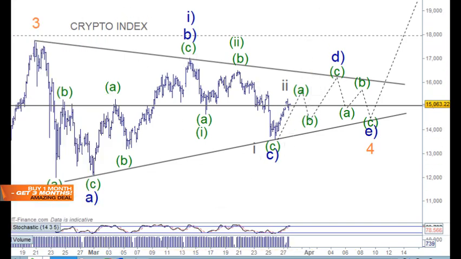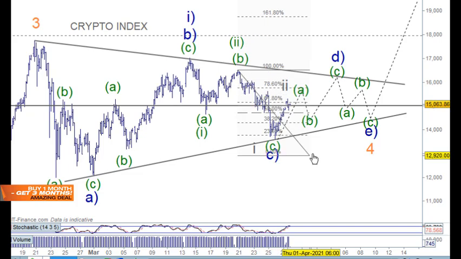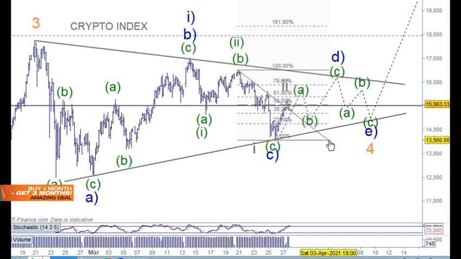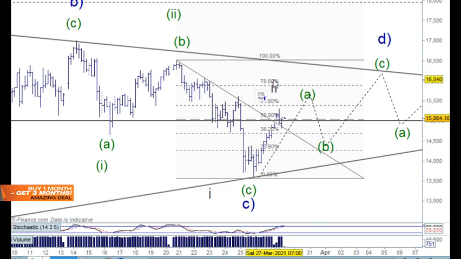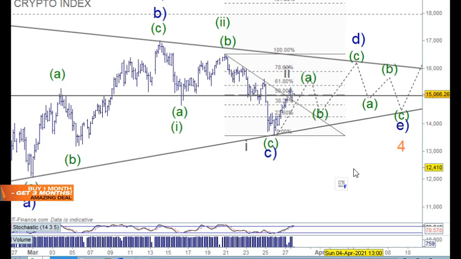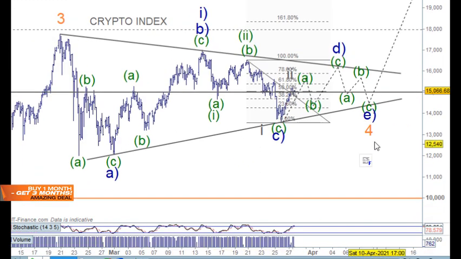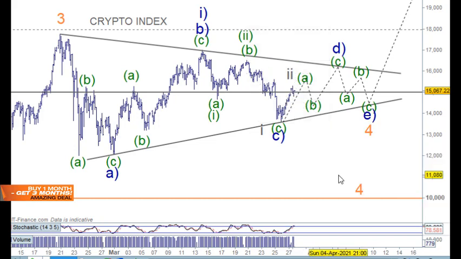So from the top here for this wave 2, we can look at the 61.8% or the 78.6, so either one of these areas. There's still space for this to move up higher, to also be the bigger bearish picture with wave 4 sitting down here, with wave 1 and 2 here, down for 1 and back for 2 here and down for 3 here. It's looking a little bit slim for that, but we can't eliminate that just yet.